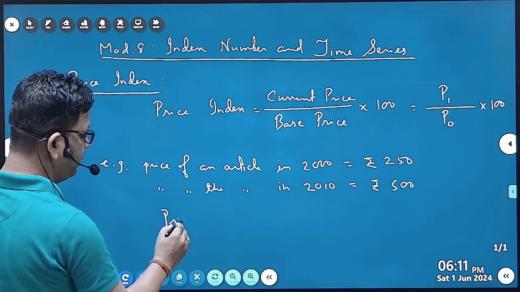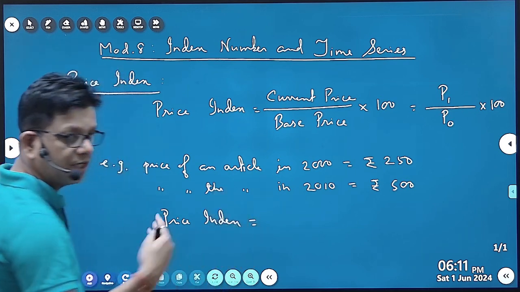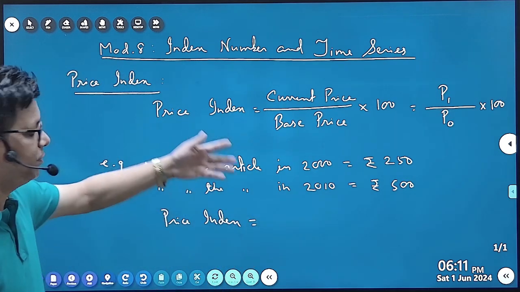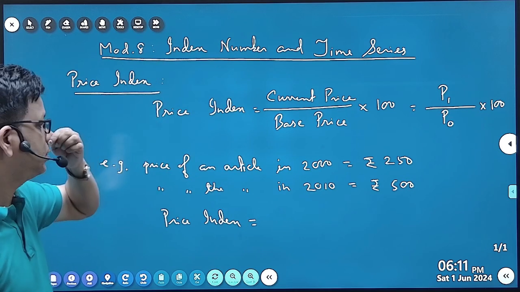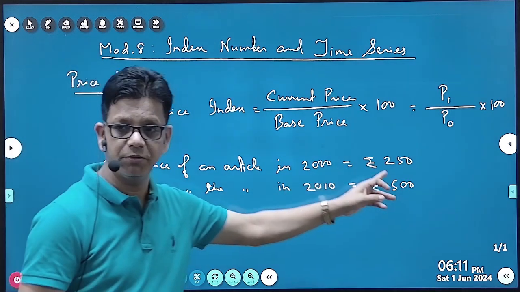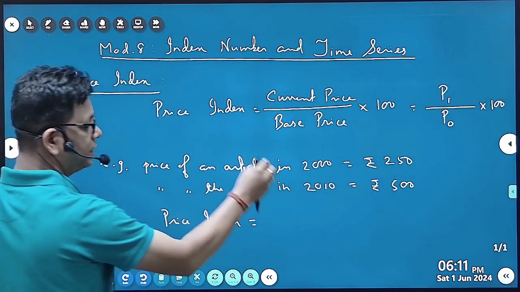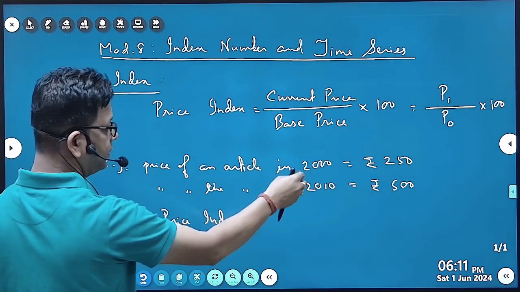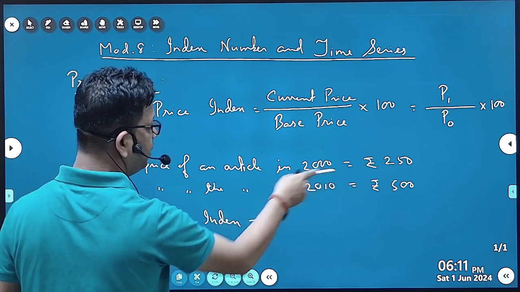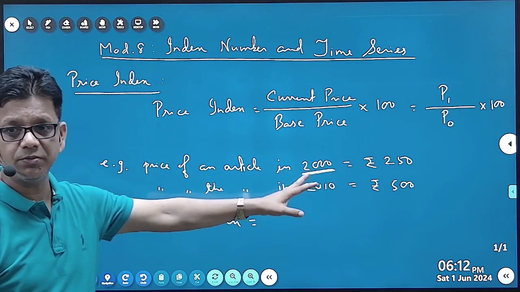Okay, so that is price index. The share was going on even before 2000 also. But suppose you bought that particular share in 2000 at 250 rupees. The year where you have started counting is called the initial year, or base year. It was going on from long, but we have started counting from 2000.